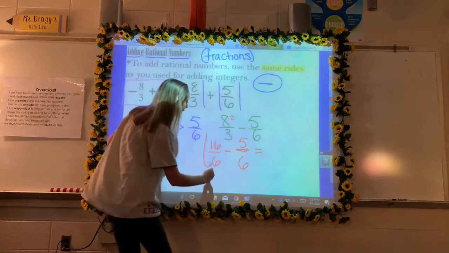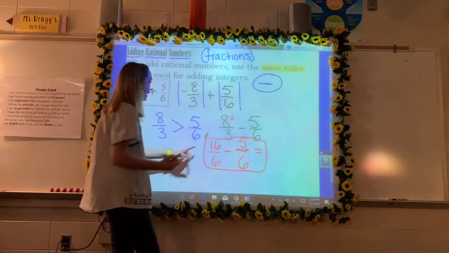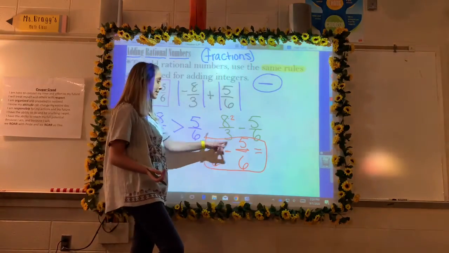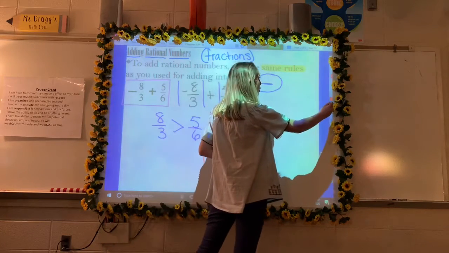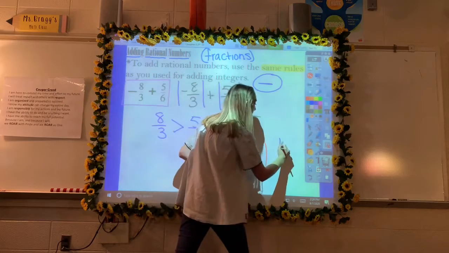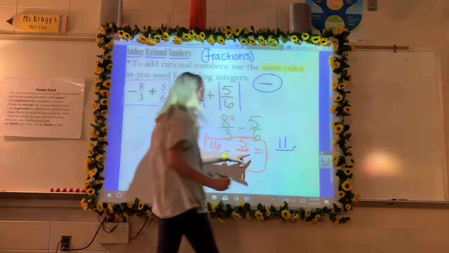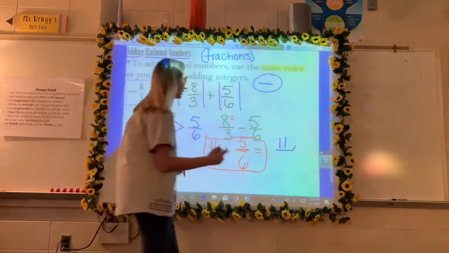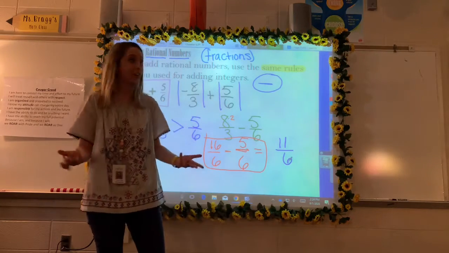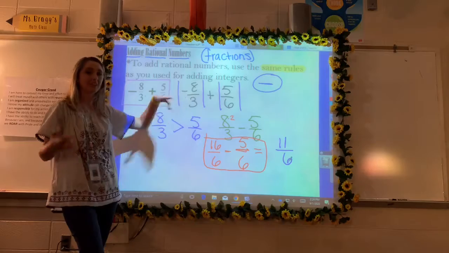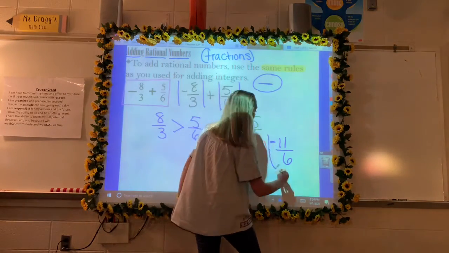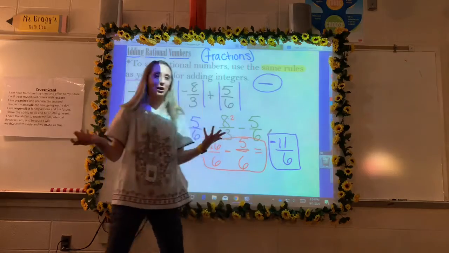So this is what we're looking at. And now we want to solve it. Okay? So 16 minus 5, because we can go straight across for that. So 16 minus 5 would give us 11. We don't touch the bottom, it stays 6. So 11/6. However, ding, ding, ding, we got to keep that sign. So this would become -11/6. So that would be your final answer.